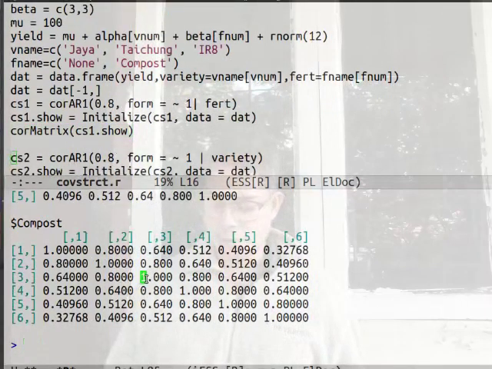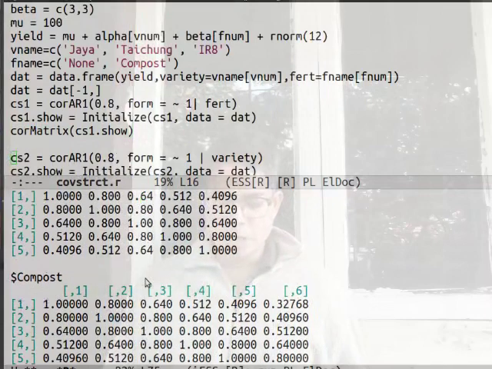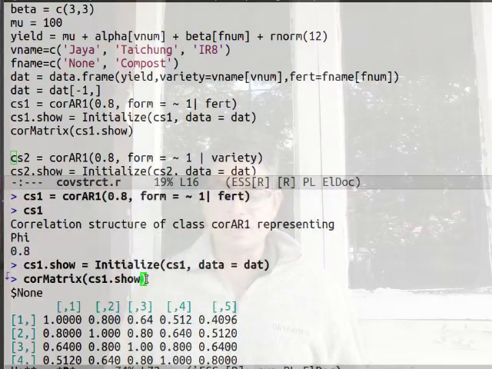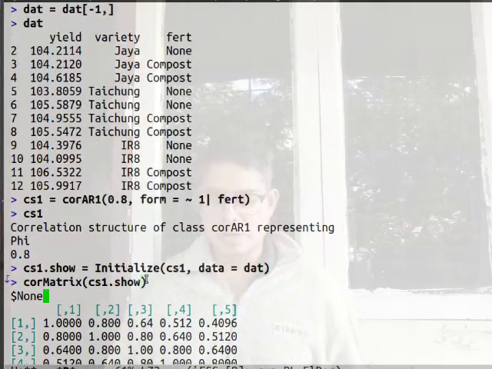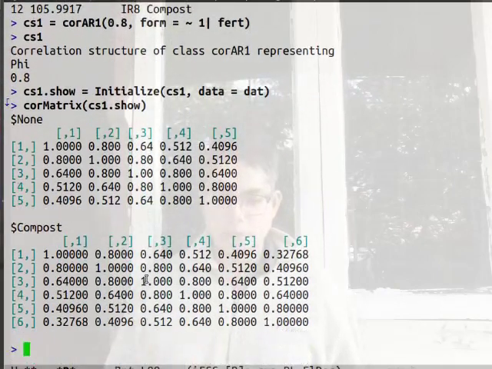So let's quickly see what we got. I had 2 different fertilizers, none and compost. So this thing consists of a list with 2 elements. The first one is devoted to none, the second one to compost. And you see, this is your covariance matrix evaluated for rho equal to 0.8.